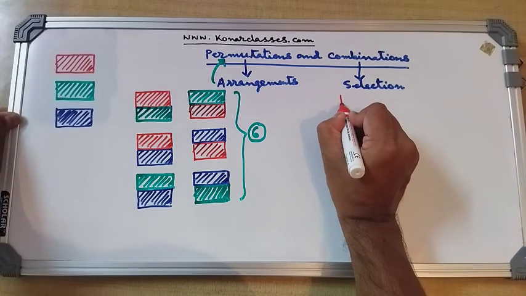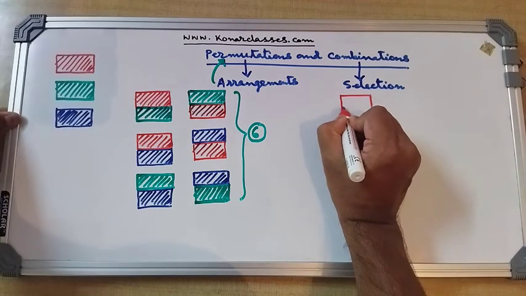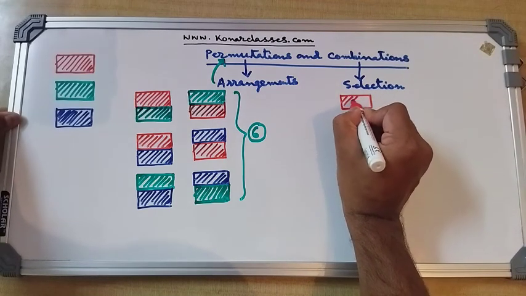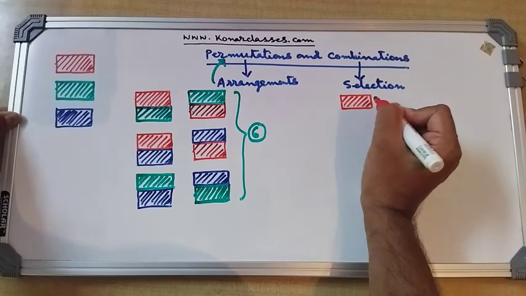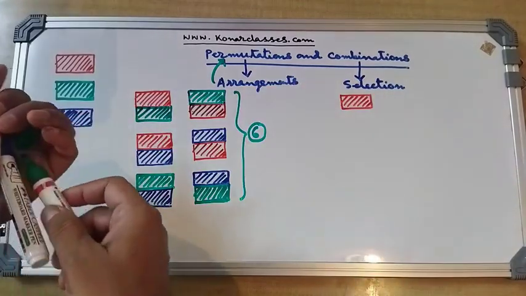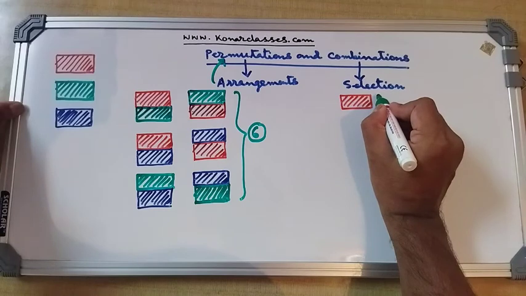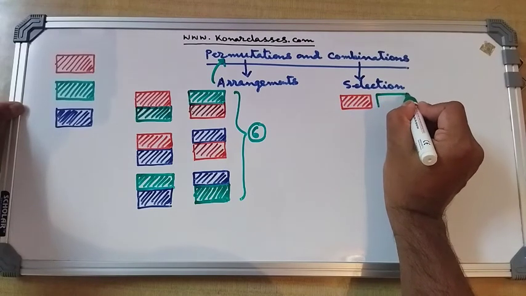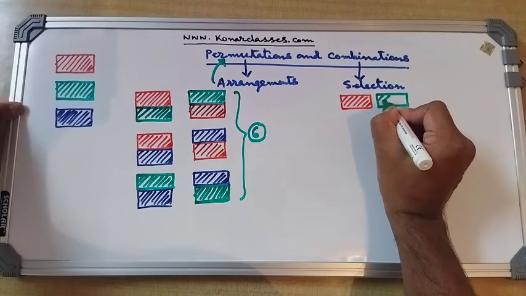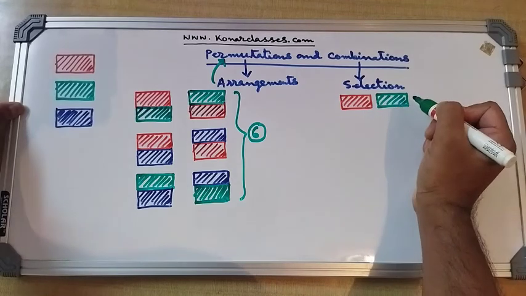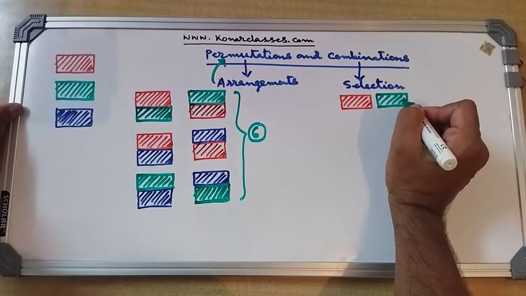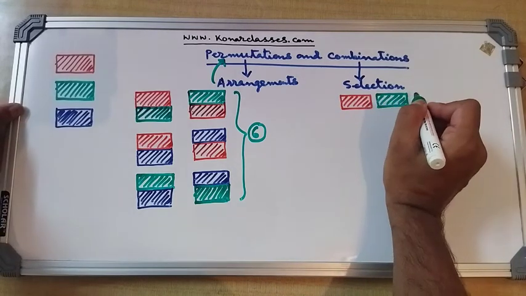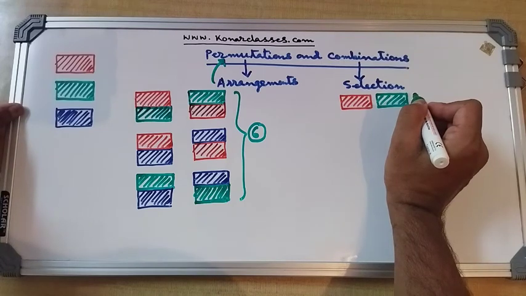As I said in the beginning, the shape, size and quality of these chocolates are exactly the same. So if I take the red wrapper chocolate first and then the green wrapper chocolate, it doesn't matter whether I take the green wrapper one and then the red wrapper one, because it is just a selection.